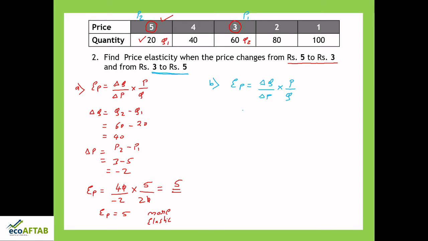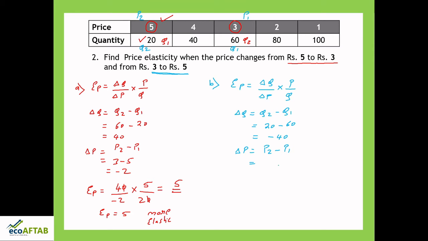So, this is equal to, before that, what is delta Q now? Delta Q is equal to, so here now this is our Q1 and this is our Q2 in the second situation. So, delta Q is Q2 minus Q1, that is equal to 20 minus 60, that is equal to minus 40, and delta P is equal to P2 minus P1.